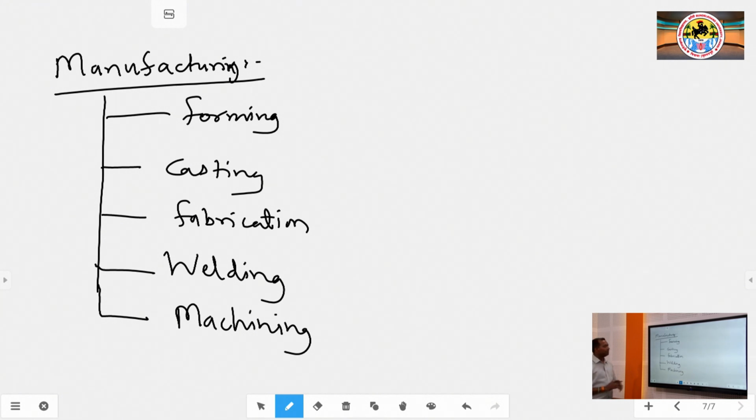Beyond these 5 categories, we have one more category which has been recently introduced in the manufacturing field, known as rapid prototyping.